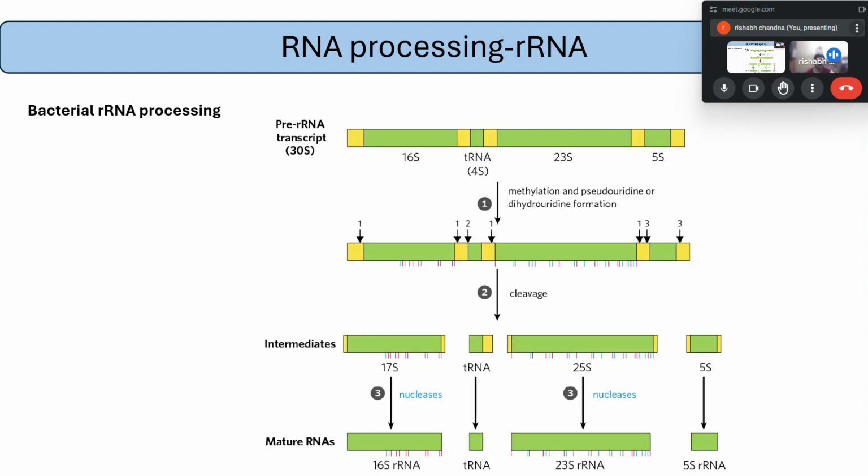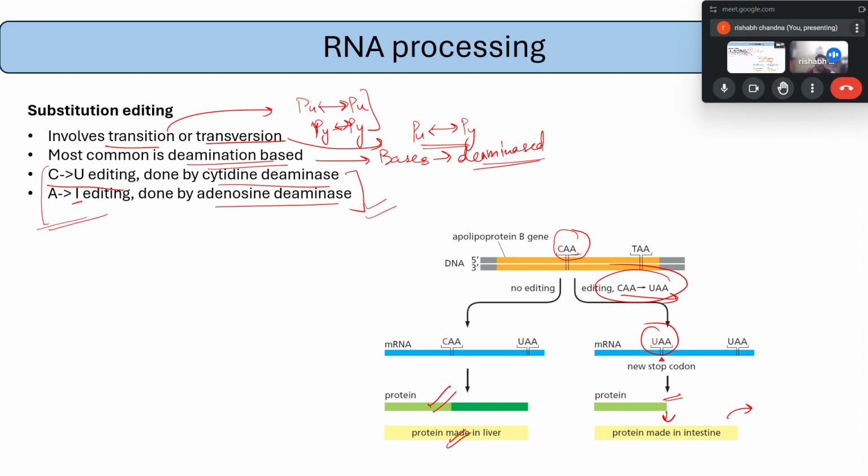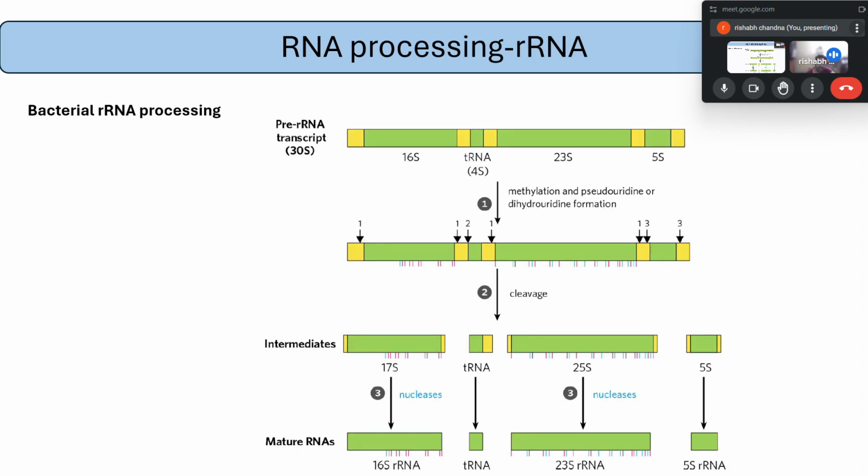Now, this comes to the end of the mRNA processing. Now we'll move on to two more processings, that is rRNA and tRNA processing. So, in case of rRNA processing, we'll first see about the bacterial rRNA, followed by the eukaryotic rRNA.